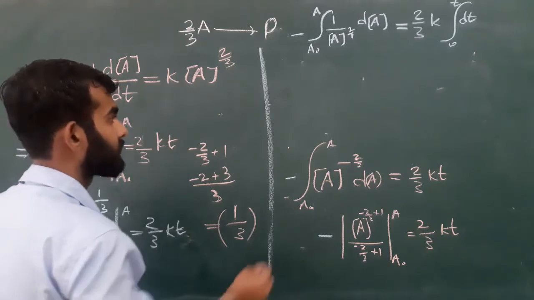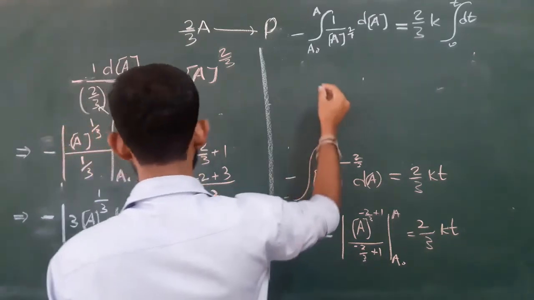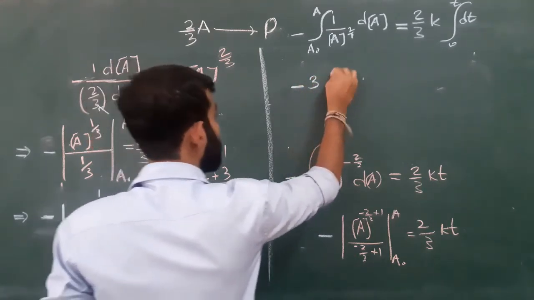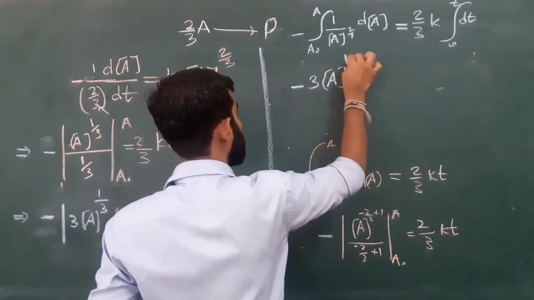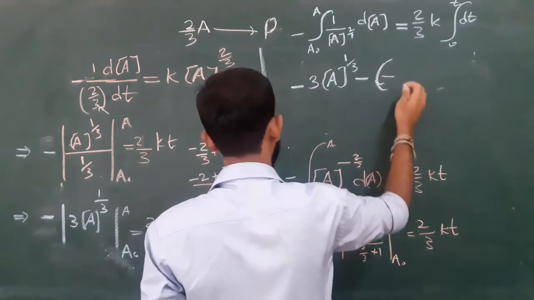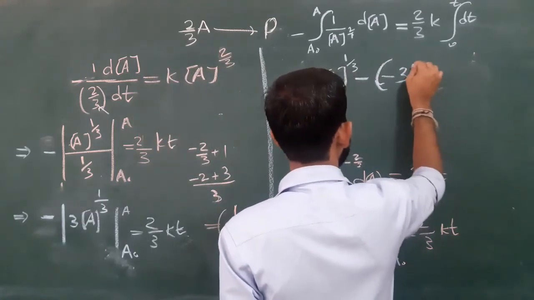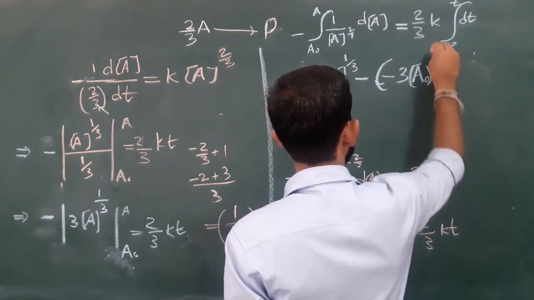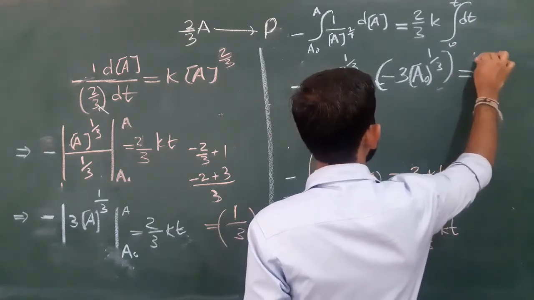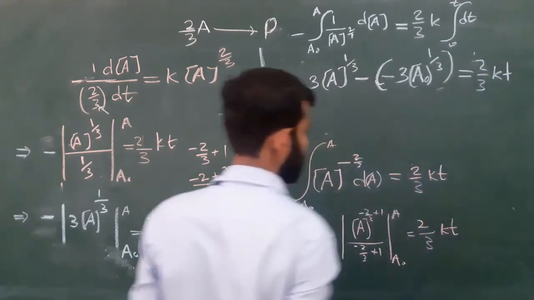Okay. Now I will deduct lower limits from upper limits. Upper limits minus 3a, this is the upper limit, 1 over 3 power. We have to deduct lower limits, minus 3 a naught 1 over 3, equal 2 over 3 kt.